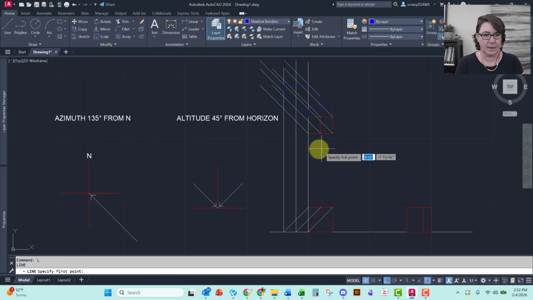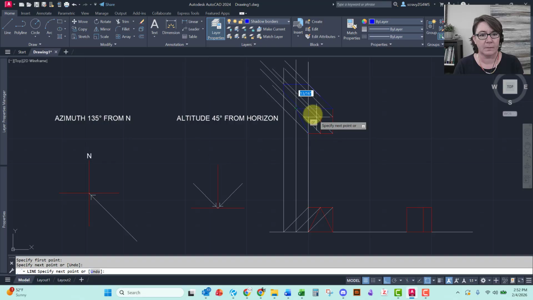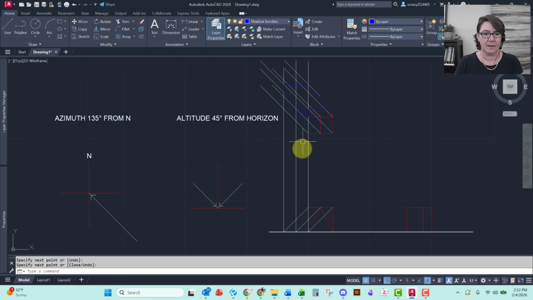Okay, so we know that it starts from this point, and then it's going to come up to where that peak lands. Okay, and then interestingly, the shadow of this triangular piece, just this front face, is going to connect back to that corner. So if this were just this triangle plane standing here with nothing else, it would cast this shadow.